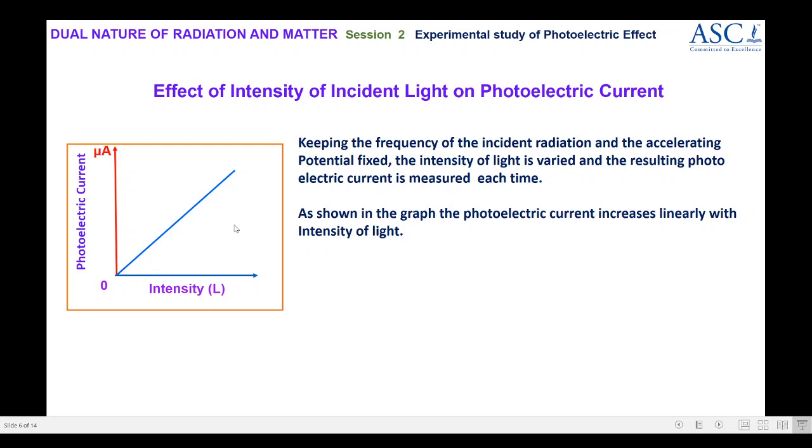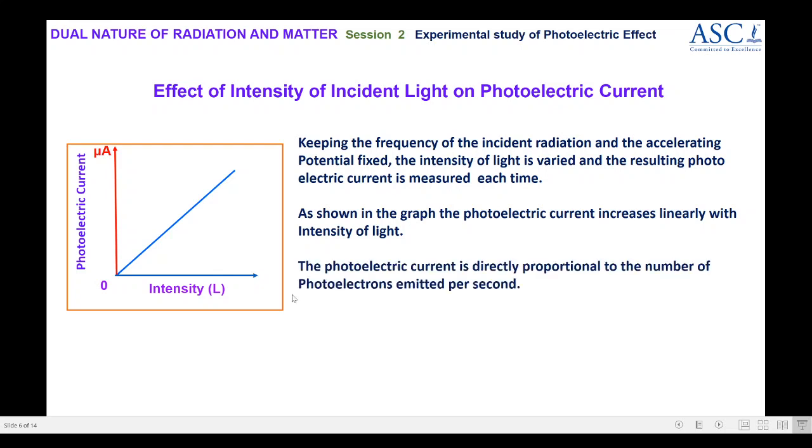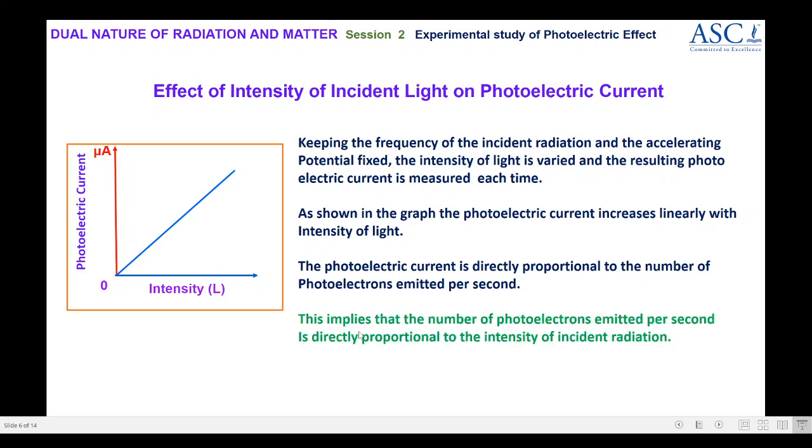So each time when you increase the intensity of light, photoelectric current also increases, which means the photoelectric current is directly proportional to the number of photoelectrons emitted per second. So you need to understand that the number of photoelectrons emitted per second is directly proportional to the intensity of the incident radiation.